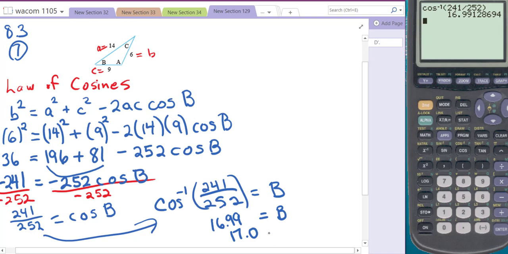All right. So now we can go for our next one. Let's fill this one in. So angle B equals 17. And we have a pair.